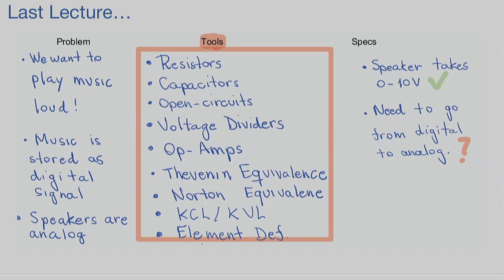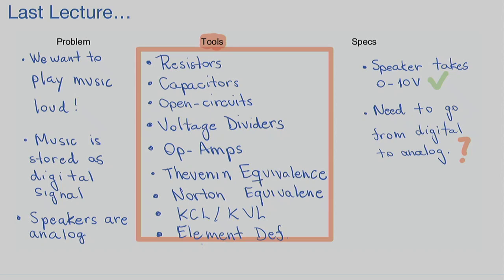And then I asked, okay, how can we go from playing music that is a digital signal to playing music very loudly using an analog device such as a speaker, when the speaker has a spec of 0 to 10 volts.